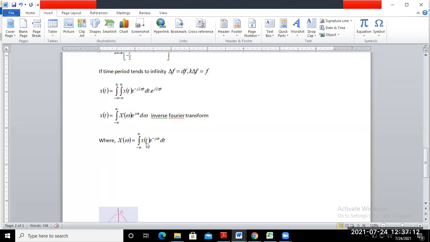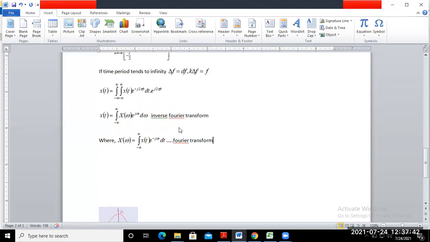If any function is given in the time domain, then we can represent it in the frequency domain from this formula. This is known as the Fourier transform. These two formulae are very important.